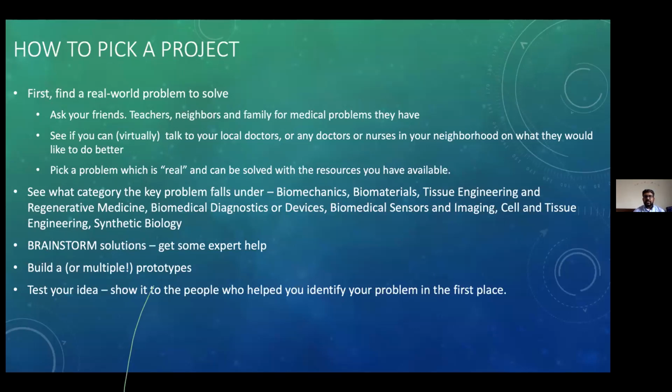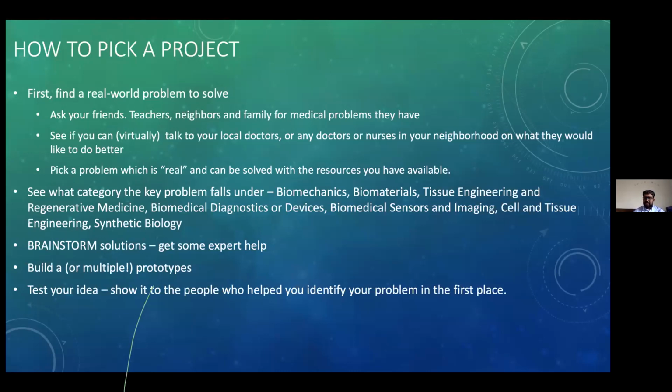The better thing to do is talk to doctors and nurses in your neighborhood. Obviously, this has become a little more difficult now with COVID, but if you have uncles or relatives who are in the medical profession, talk to them. If you have neighbors who are doctors or nurses, talk to them. And then find out what is it that they are struggling with, what is it that they have problems with on a day-to-day basis, what would they like.